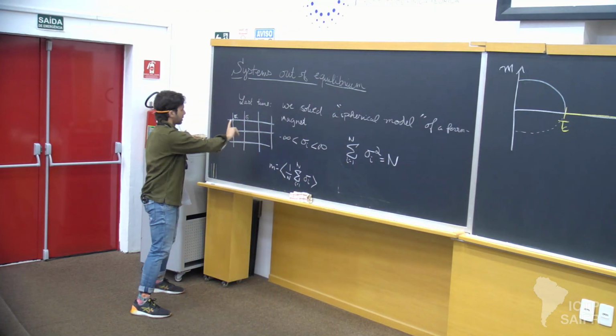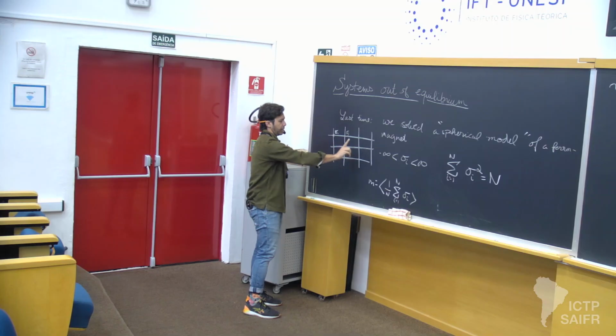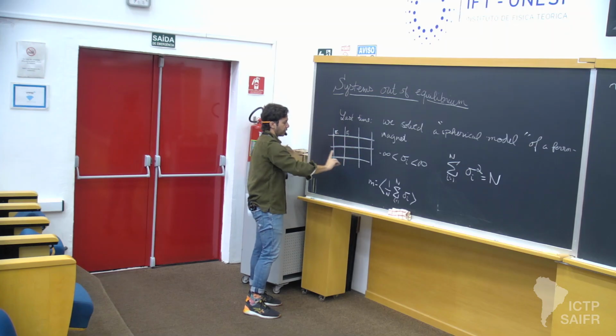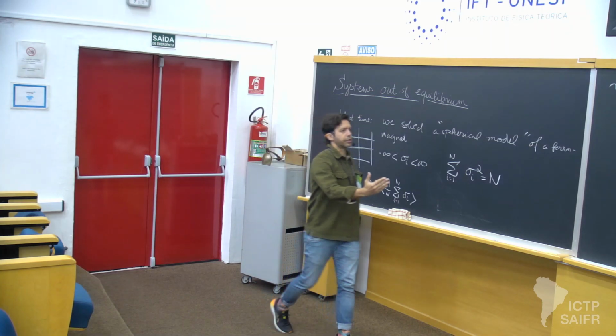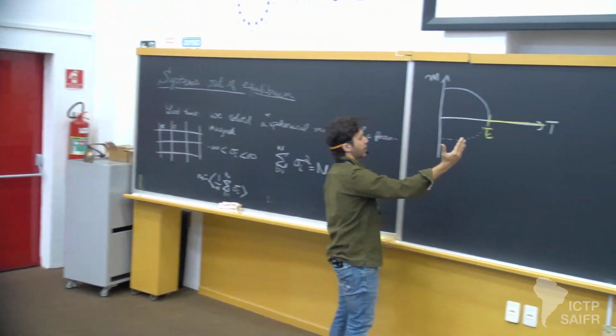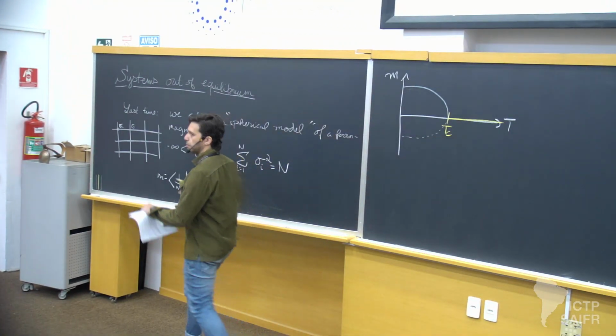Okay, so that's a system that undergoes a transition from being disordered. Disordered means that at any site there's no preferred direction. The value of the spin varies wildly as you move along the lattice. And then as you lower the temperature, all of a sudden these things want to order themselves and point in the same direction.